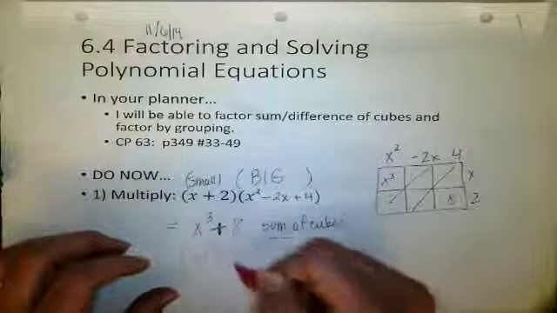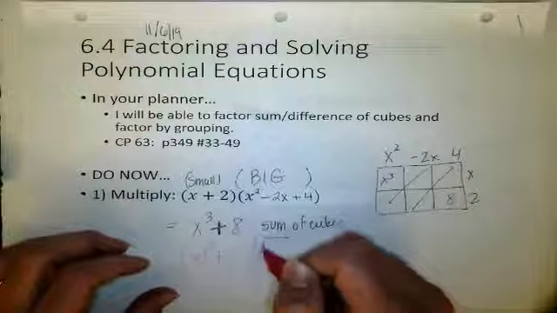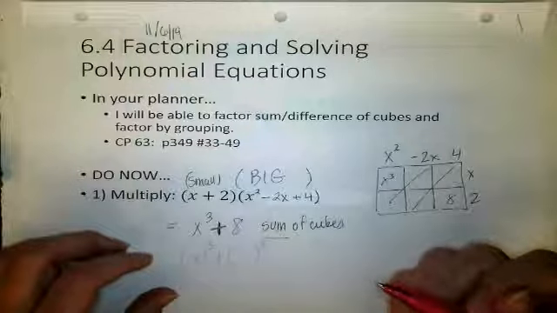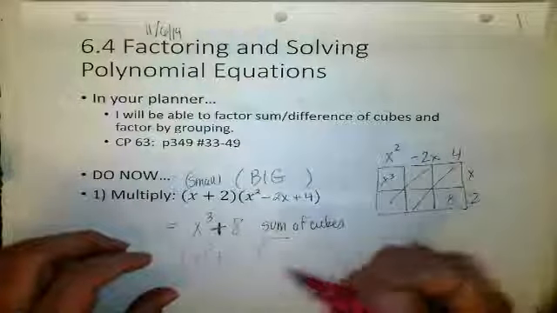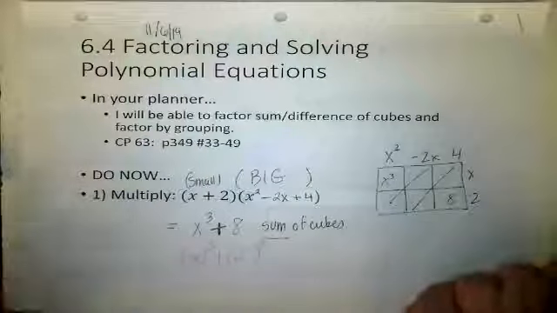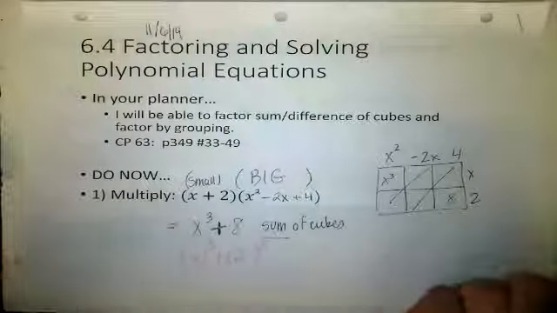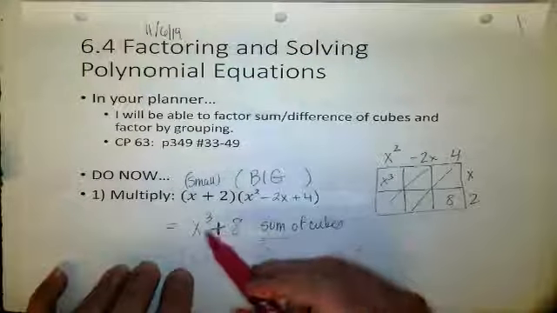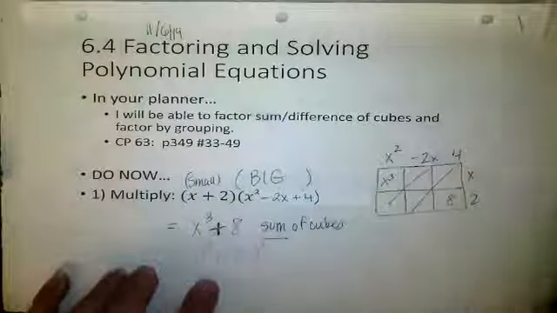And then 8 is what number cubed? What times what times what gives you 8? 2. 2 times 2 is 4, times 2 is 8. And so 8 is what we call a perfect cube, and x cubed is a perfect cube, obviously.